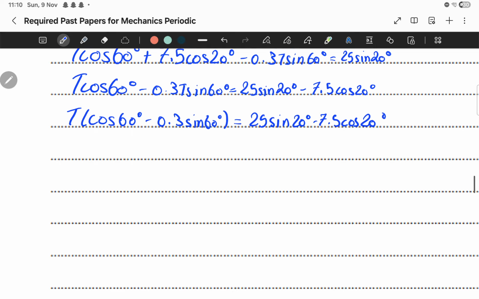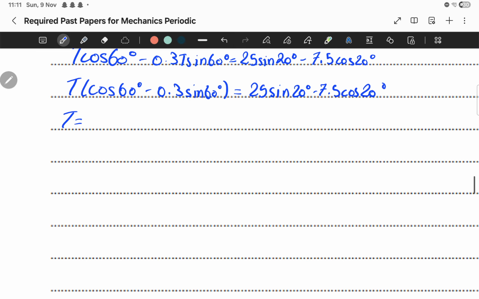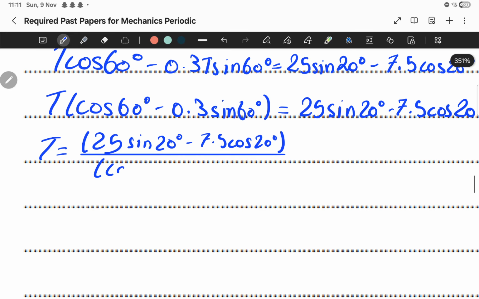So T is equal to, let's open a bracket, 25 sine 20 degrees minus 7.5 cosine 20 degrees over cosine 60 minus 0.3 sine 60. This equals 25 sine 20 minus 7.5 cosine 20.